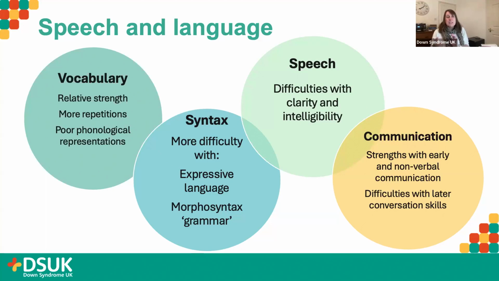But they have difficulties with later communication skills, and that often comes back to language, really. Being able to start a conversation, being able to say, oh, I haven't understood what you meant there, or you have misunderstood me, all involves more language. But generally, certainly at this age, it's a relative strength.